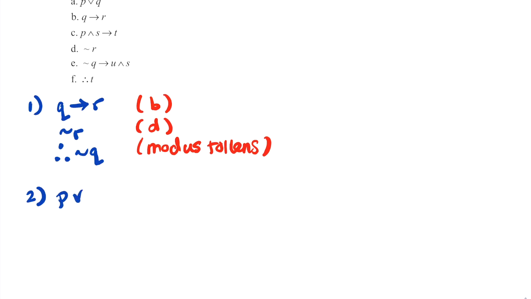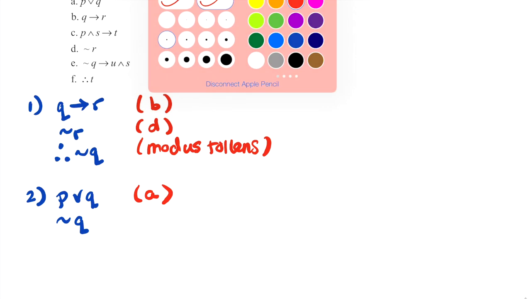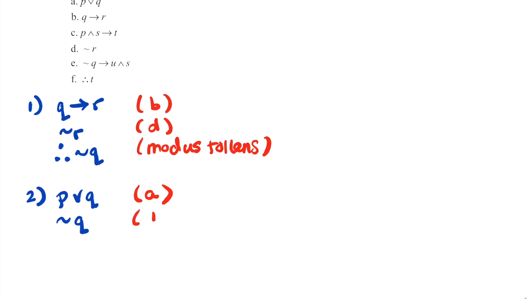We know that it's P or Q, right? From premise A. But what did we just find out? We just showed that it's not Q. So you would just put number 1 for that first part. We're dividing this into cases. And so that's our proof.